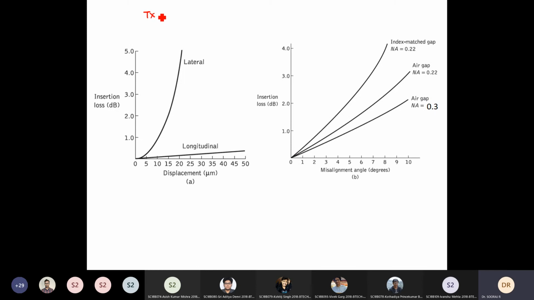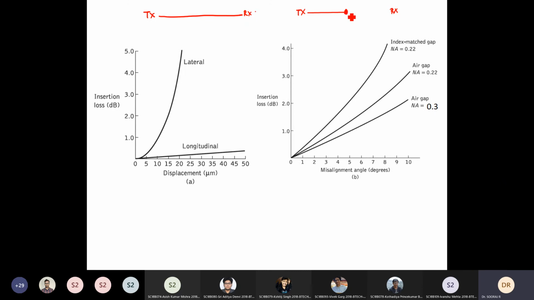Let's assume that you have a transmitter, a receiver, and a straight, single optical fiber. Now consider the second scenario, where I have a transmitter, a receiver, and two optical fibers that are connected here.